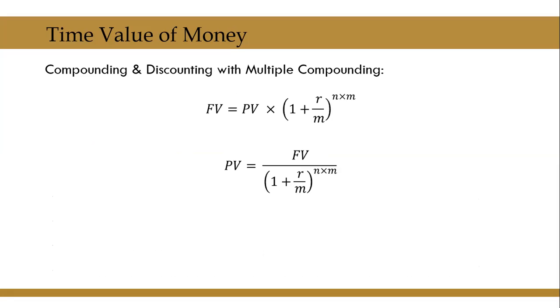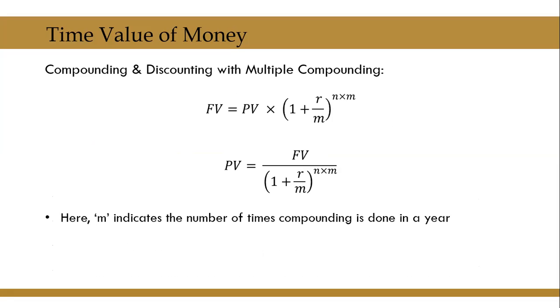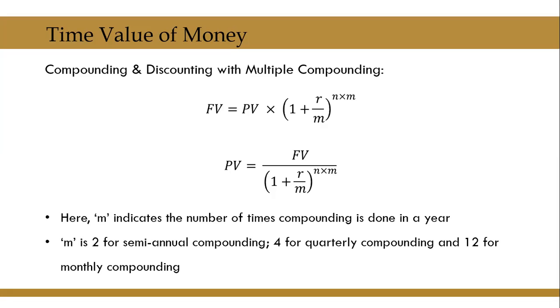Therefore, present value will be equal to future value divided by 1 plus r by m to the power of n into m. Now what is m here? M indicates number of times compounding is done in a year. Therefore, m is 2 if it is semi-annual compounding, m is 4 if there is quarterly compounding, and m will be 12 if it is monthly compounding.